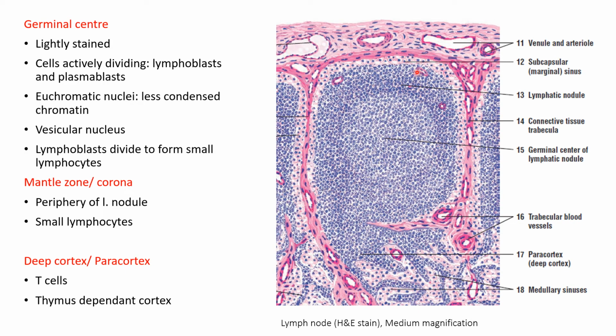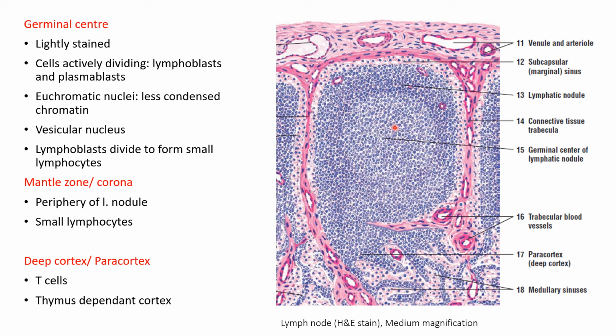Let us discuss the structure of a secondary lymphatic nodule in more detail. Here in the center, there is a relatively pale staining zone which is called the germinal center. Now this region appears to be pale staining because here the nuclei of the lymphocytes are relatively lighter in appearance.